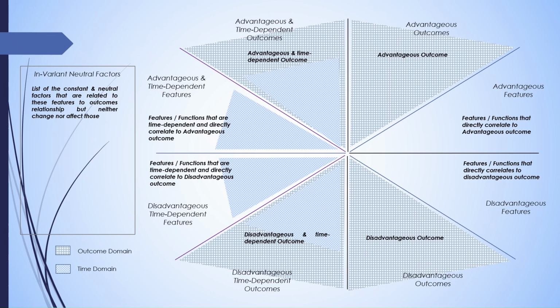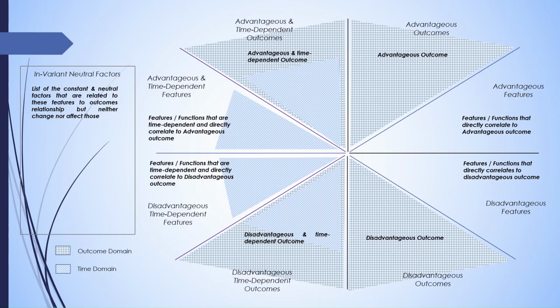Below the x-axis, you plot disadvantageous time-dependent features, features whose evolution creates increasing challenges. Finally, the top left and bottom left areas represent time-dependent outcomes. The top left is for advantageous time-dependent outcomes, where benefits grow or emerge over time. The bottom left is for disadvantageous time-dependent outcomes, where negative effects worsen or accumulate as time passes.